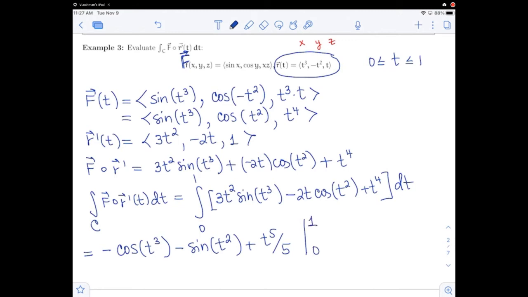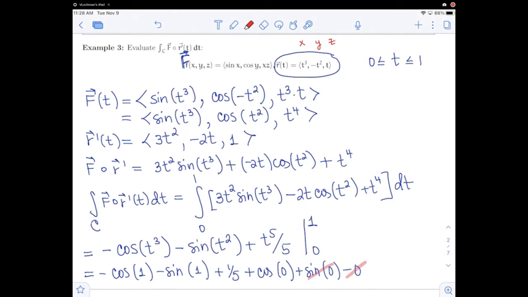Now be careful here because not everything is going to vanish at 0, so let's evaluate this carefully. We're going to get negative cosine of 1 minus sine of 1 plus 1/5. Then minus minus gives us a plus, so that's cosine of 0 plus sine of 0 minus 0. Sine of 0 and 0 are of course gone, but cosine of 0 is actually 1.